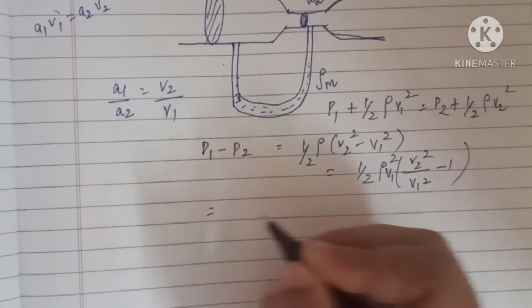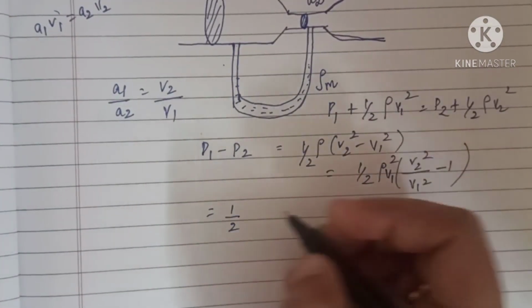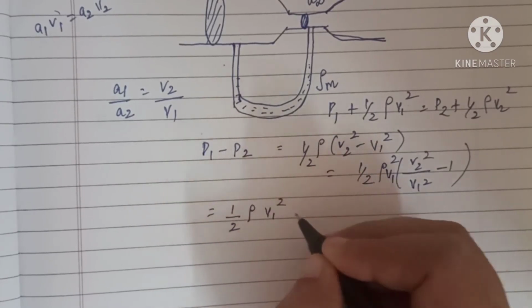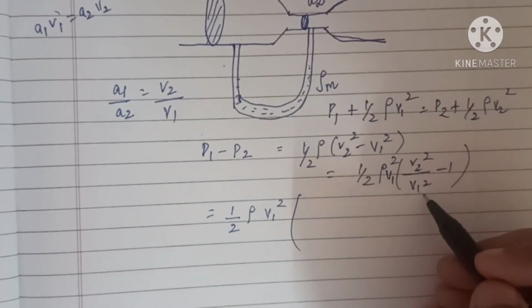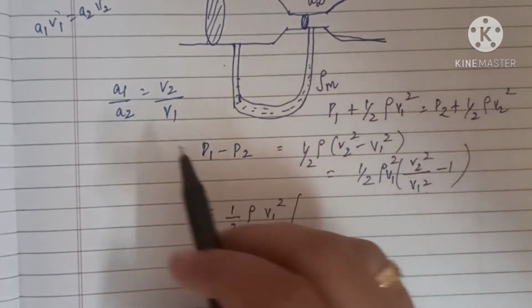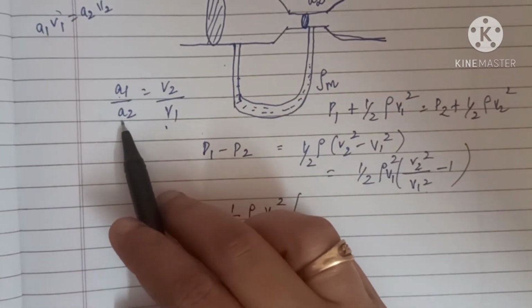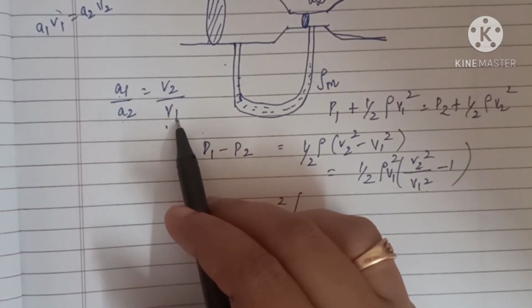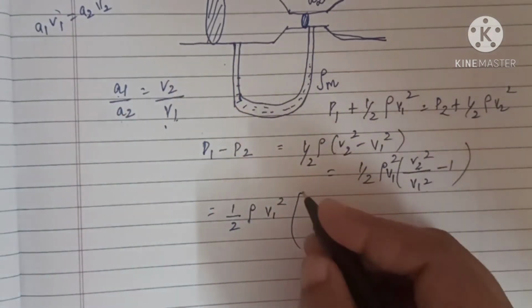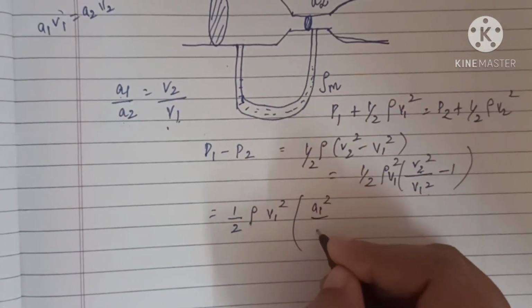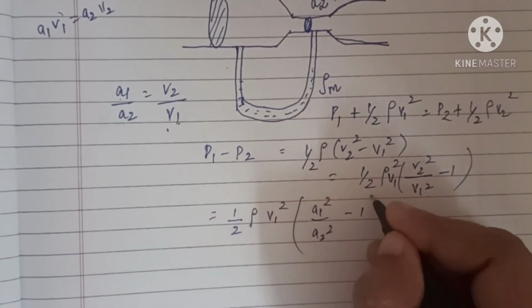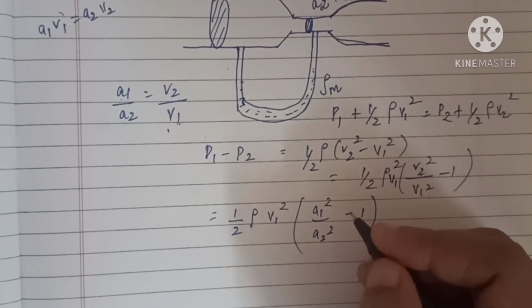Now this can be written as half into rho V1 square into V2 square by V1 square minus 1. Because here V2 by V1 is A1 by A2, so V2 square by V1 square is A1 square by A2 square. So I can write A1 square by A2 square minus 1. Okay.